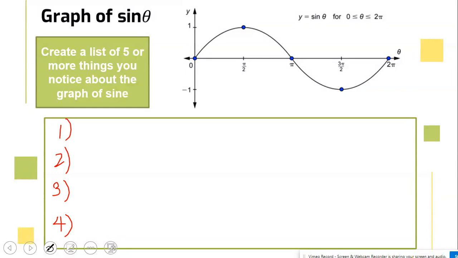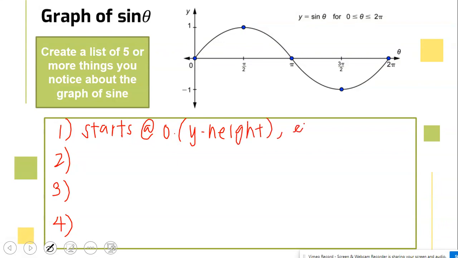For starters, it always starts at 0 for the y height. You could even say that it ends at 0 too. So it starts at 0 and ends at 0. That's one thing. Another thing you might notice is that it has its maximum peak and its minimum peak at 1 and -1.